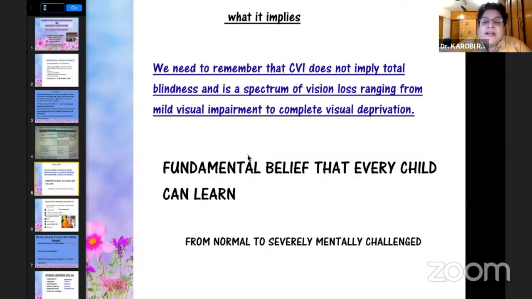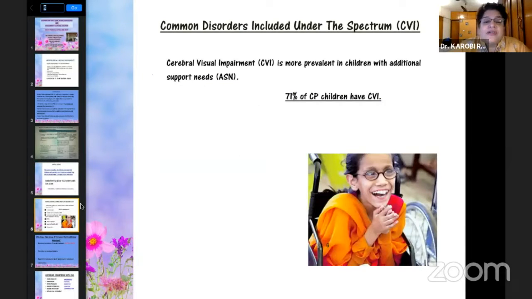Now, we need to remember that CVI does not imply total blindness. It is a spectrum of vision loss ranging from mild visual impairment to complete visual deprivation. The fundamental belief is that every child can learn, from normal to severely mentally challenged children. So, don't give up on these children ever.